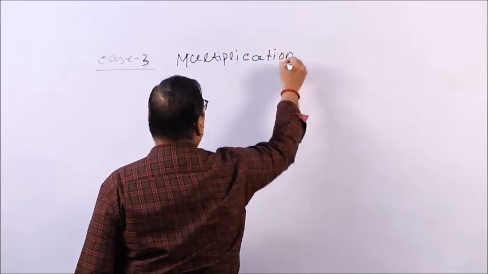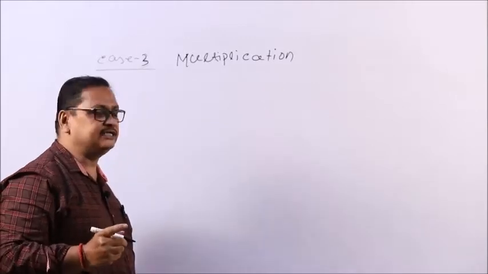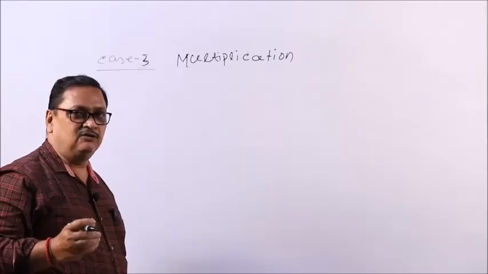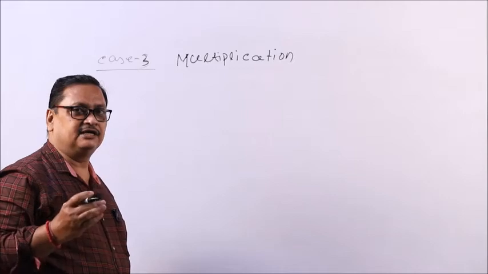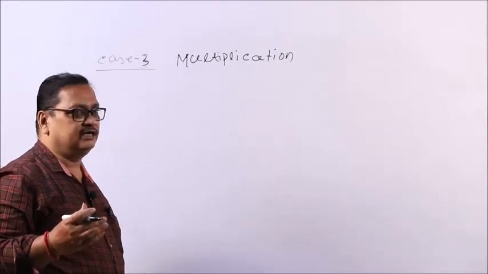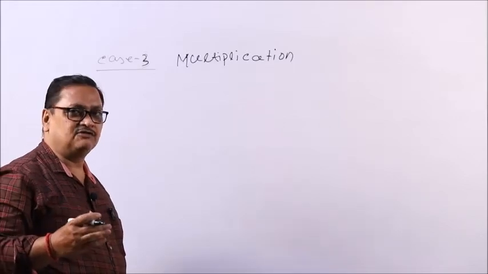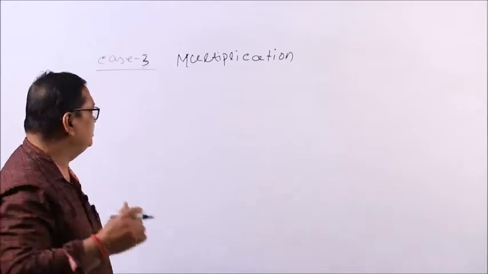We take the same two quantities A and B, the initial values, and after measurement the measured values are A plus minus delta A, and B plus minus delta B. So, absolute errors are plus minus delta A and plus minus delta B.